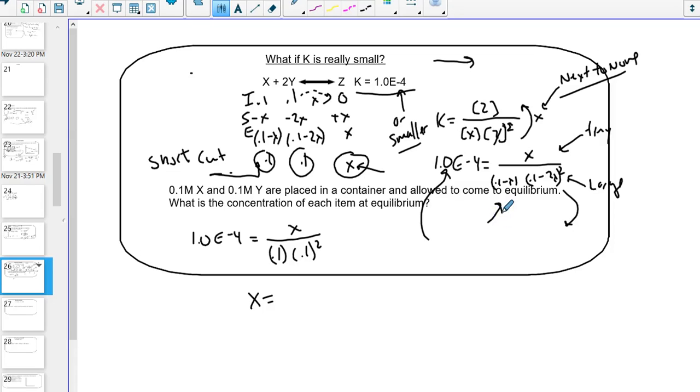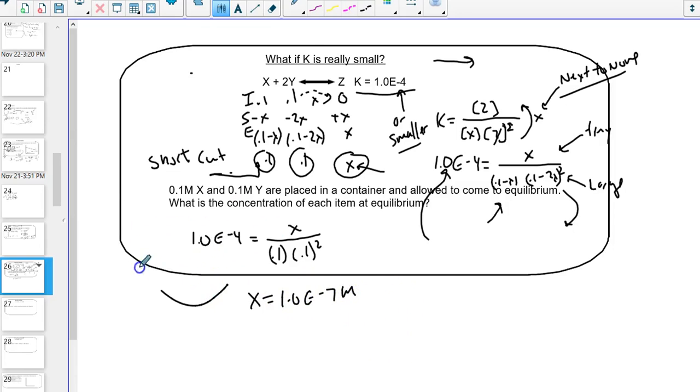You'll find that x is really tiny, so it's a real tiny difference. So it's going to be 1.0 e to the negative fourth times 0.1 times 0.01 equals 1.0 e to the negative seventh moles per liter. So now that's my x value.